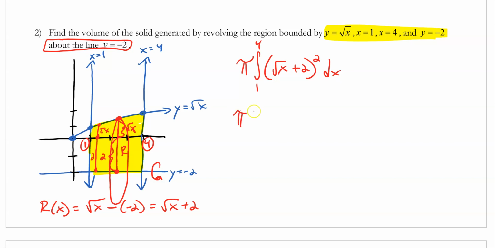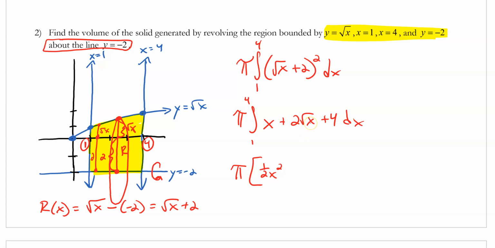So again, if we were going to finish this problem all the way, which I don't think I'm going to finish the whole thing again for you, we'd want to FOIL this because it's not going to be u sub in any way. So if we FOIL, we would get x plus 2 root x plus 4 dx. Okay, and then find the antiderivative. So pi, and we're going to have a 1/2 x squared.